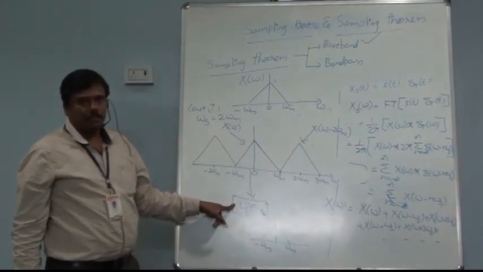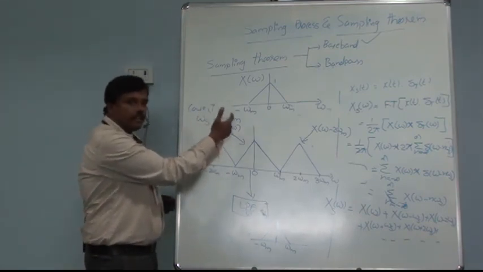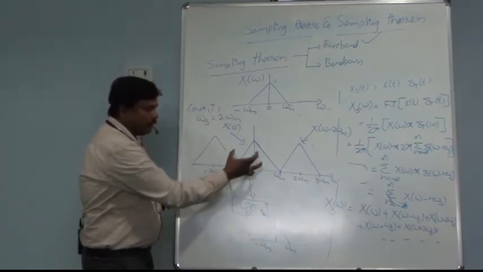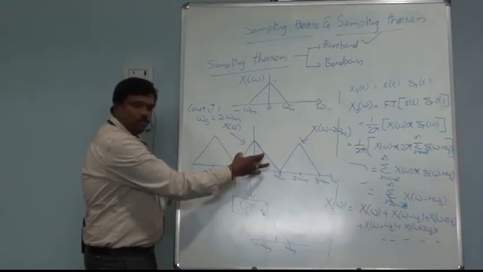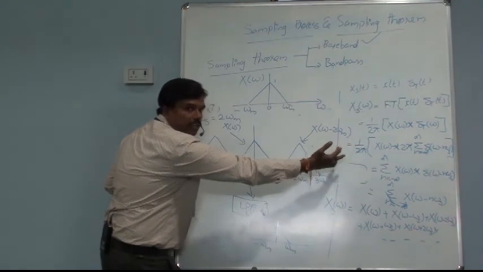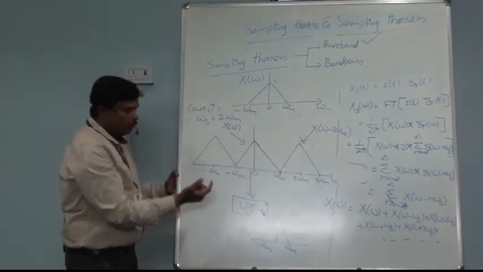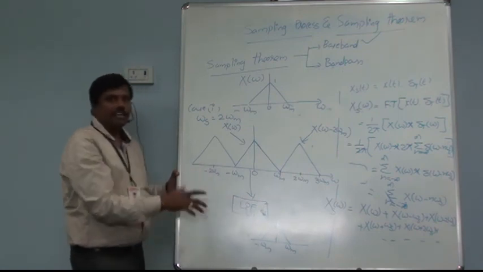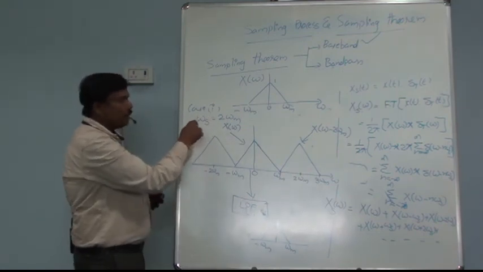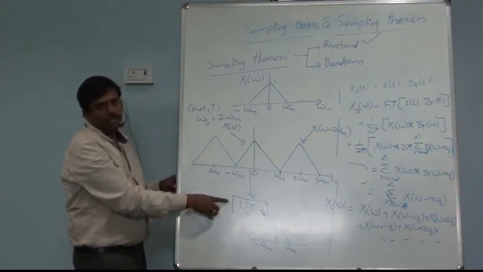If you follow the condition omega s equal to 2 omega m, you can reconstruct your original message signal by simply passing the sampled signal through a low pass filter. If you follow the condition omega s greater than 2 omega m, then the first signal comes, and the next signal will be shifted some more to the left side. Then you can get the reconstruction very easily. If omega s is equal to 2 omega m, you require an ideal low pass filter.